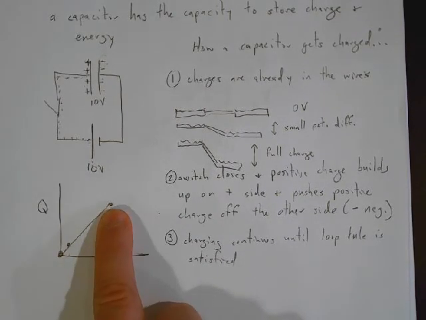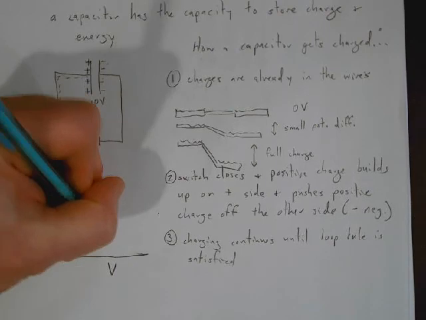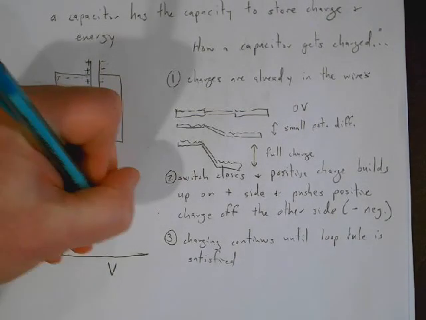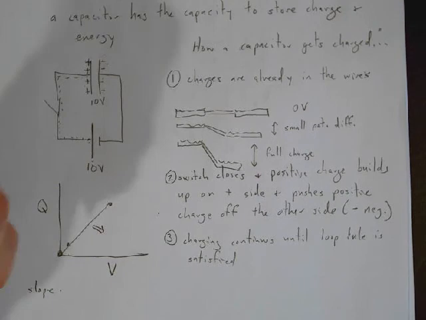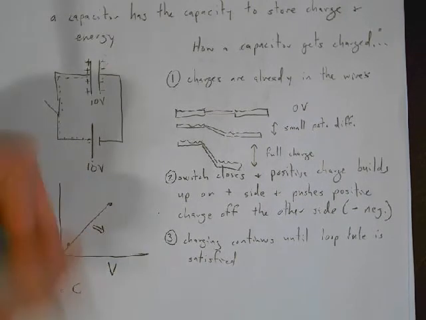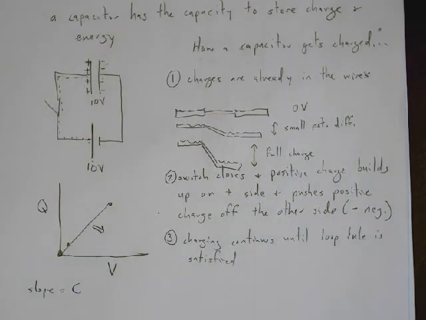Does everybody understand why the graph starts here and then it goes up like this? Does everybody understand that piece okay? All right, so let's talk here because, like I said, this graph is super duper important. The slope of this graph tells us C. Is everybody with me?